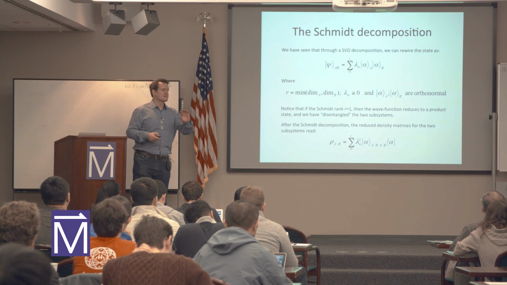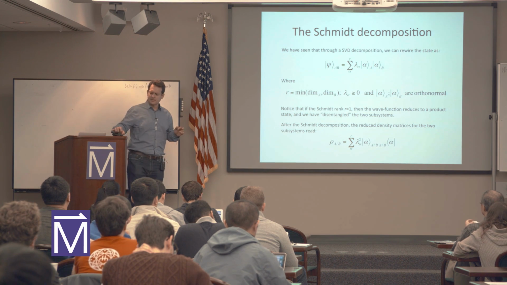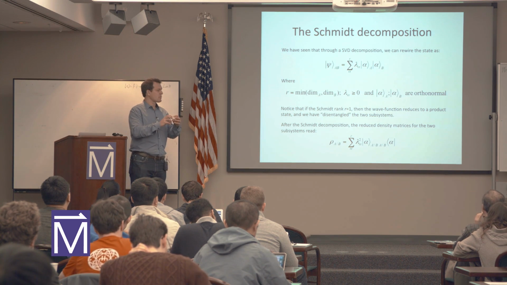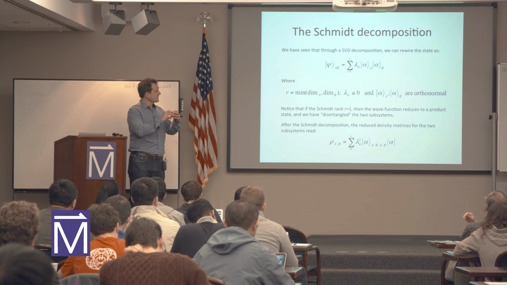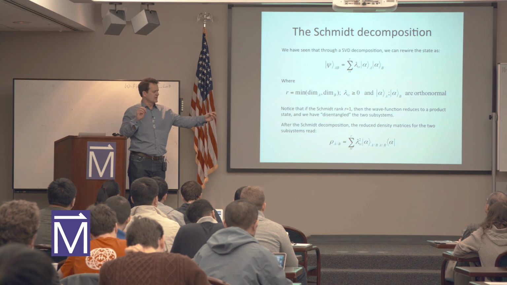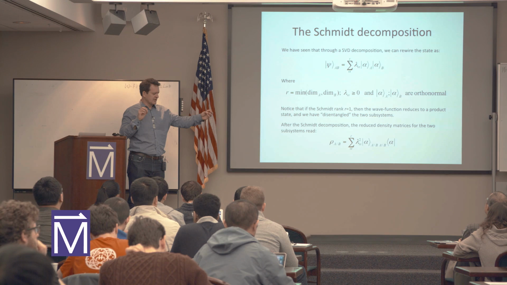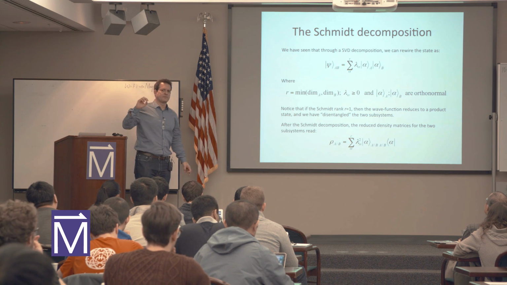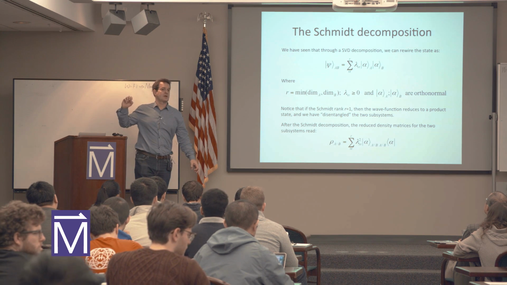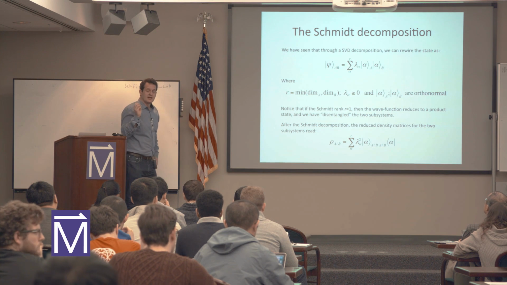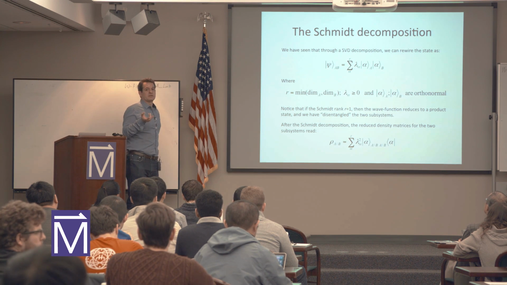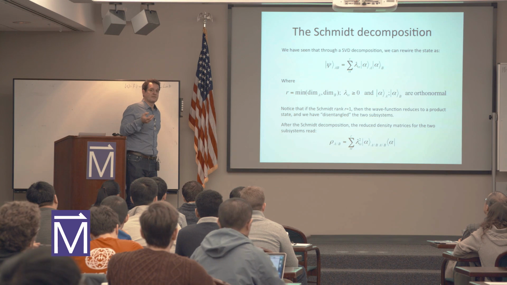So imagine, for instance, I don't have a slide about this, but imagine you have a spin chain, and you look at the reduced density matrix of the first site on the left end of the chain. The density matrix is going to be a 2x2 matrix, right? So the Schmidt decomposition is going to have rank 2.